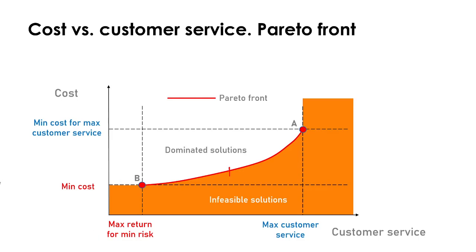So this is our objective, and it's the manager or the decision maker's call to decide whether he or she wants to be closer to point B or closer to point A. Okay, but this is something with which the techniques can assist the decision maker, but the ultimate decision corresponds to whoever is aware of how the system is.